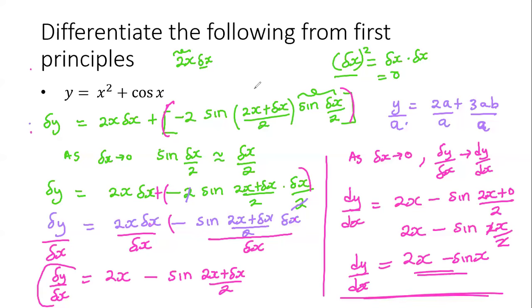Yes. When you have sine, that means I have sine of x plus delta x. This delta x can come to 0. That is the assumption we take at the end of the day.